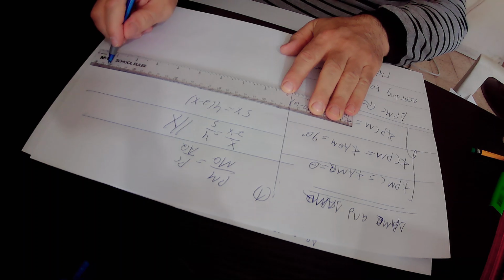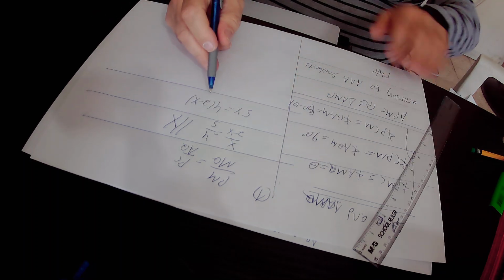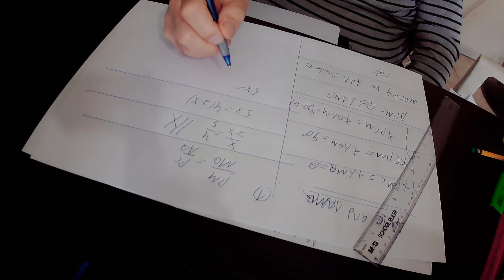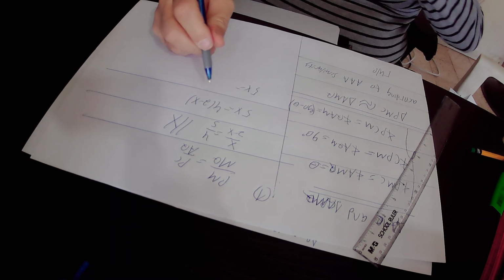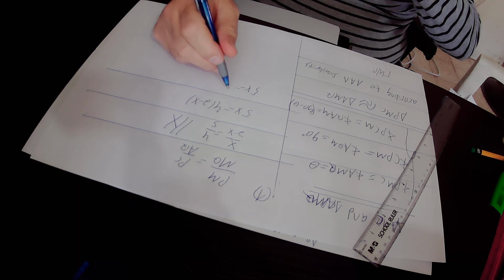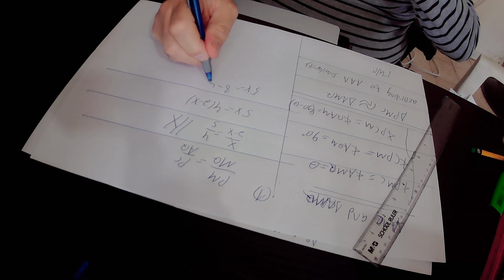Here we'll open the brackets on this side of the equation and we get that 5x equals 4 times 2, which is 8, minus 4x.